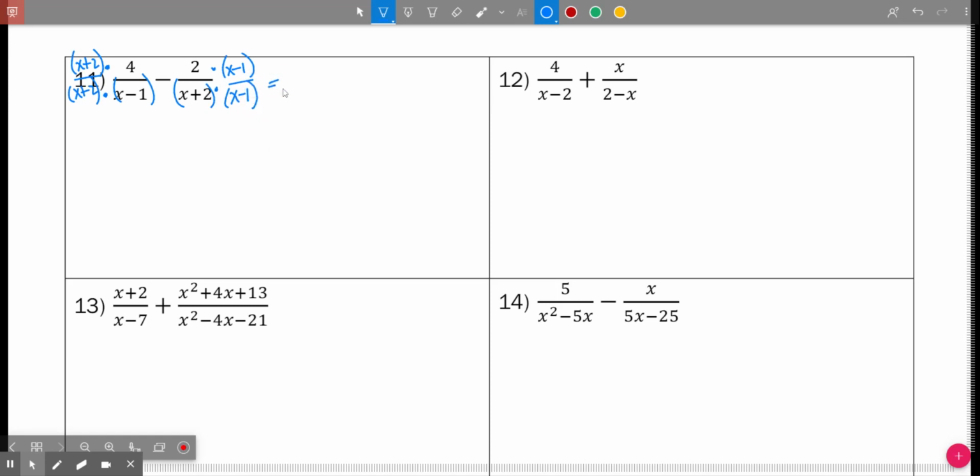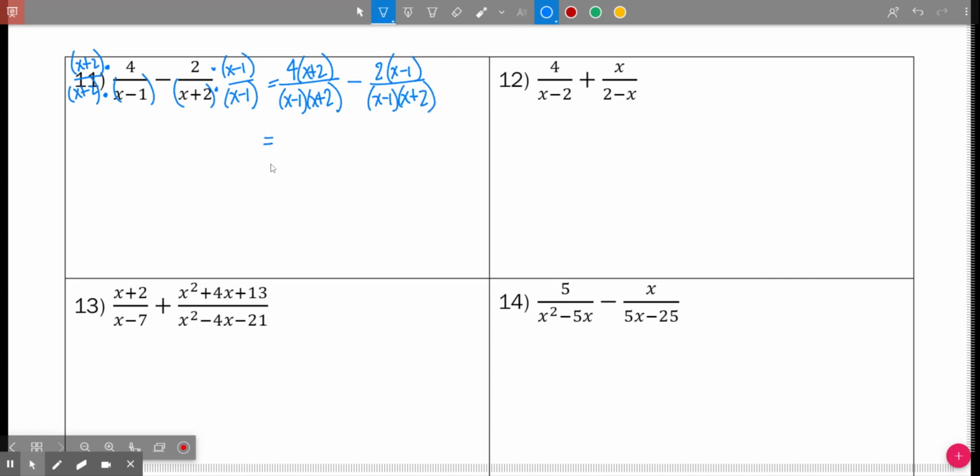So this becomes 4 times x plus 2 over x minus 1 times x plus 2, minus 2 times x minus 1 over x minus 1 times x plus 2.